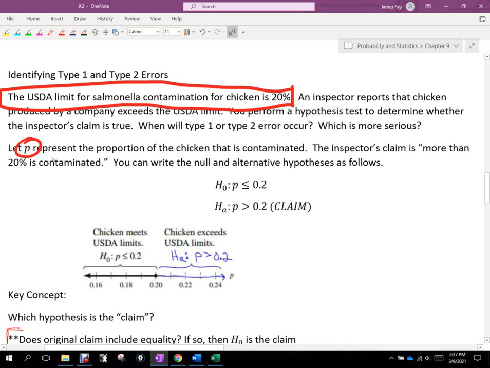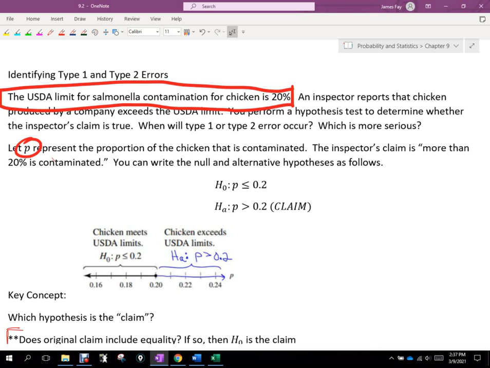So this one is the claim, and why is this the claim? It says an inspector reports that chicken produced by a company exceeds that limit of 0.2. So the inspector has this belief, maybe he's done some data collection, and that is what he believes to be true. So that's a claim. Does that make sense? Not always will the null hypothesis or the alternative hypothesis be the claim.